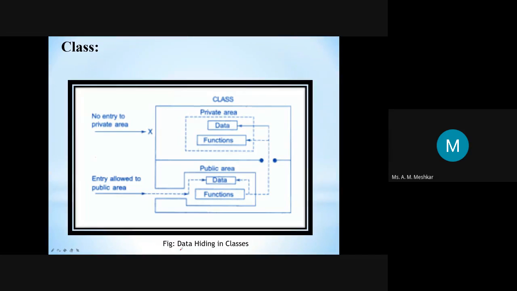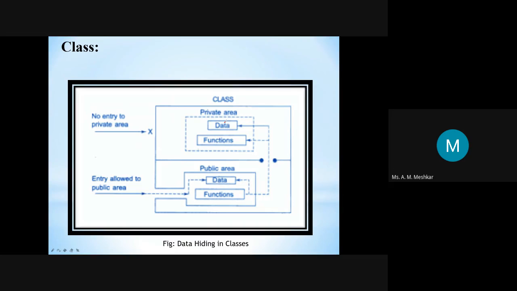This diagram explains the concept of data hiding in classes. This we have already discussed in the last lecture. See here the private area and the public area. This is your class, which will have private variables and functions, and public variables and functions.